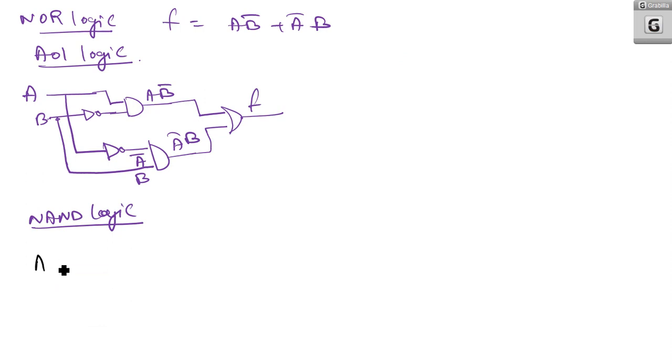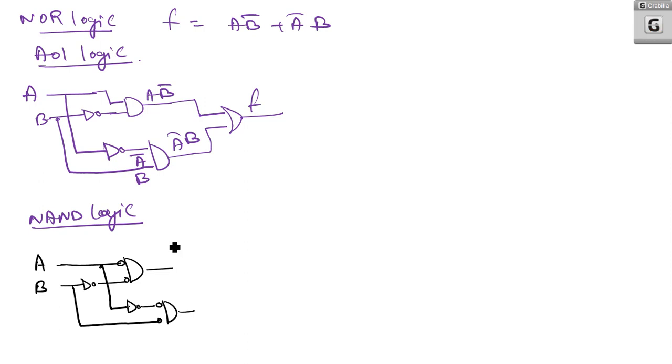So A is coming in, that is going to the bubble. B is also coming in, but B is noted and coming in, that is also coming in the bubble. Here again A is coming in, and that is noted and again noted. B is coming in, noted. So here what we get is A bar dot B bar, again B, A bar dot B the whole bar.